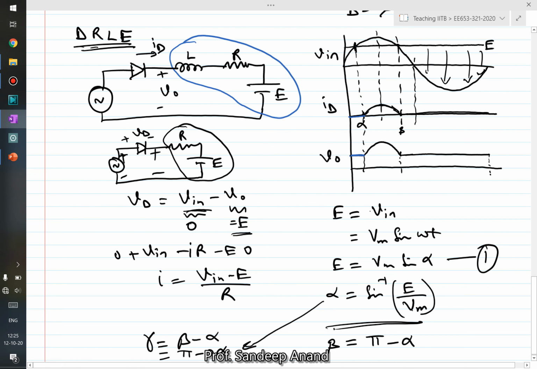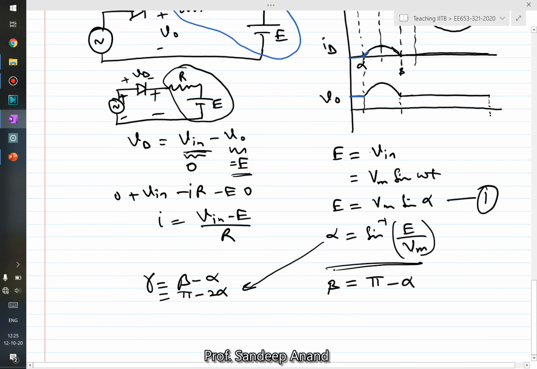At this instant, yes, the diode starts conducting, and now the equation with which the diode conducts is given by the KVL equation: 0 plus Vin minus IR minus E is equal to L dIL by dt.